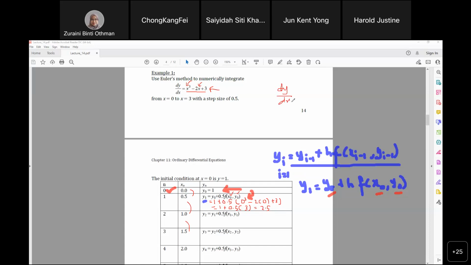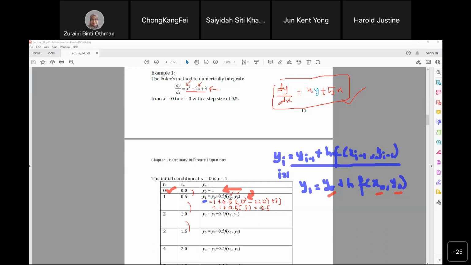Dia macam implicit method. Ada yang consists of xy plus 5x, macam tu ada. Ni yang kalau kita kena selesaikan guna implicit method yang dalam calculus tu. If the question is like this, we have to use y0 here. Depend on the persamaan pembezaan yang diberi.